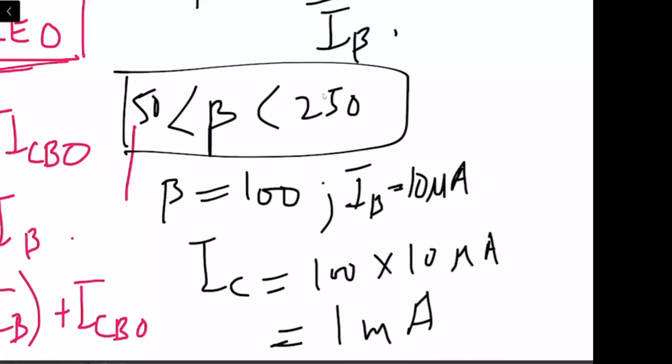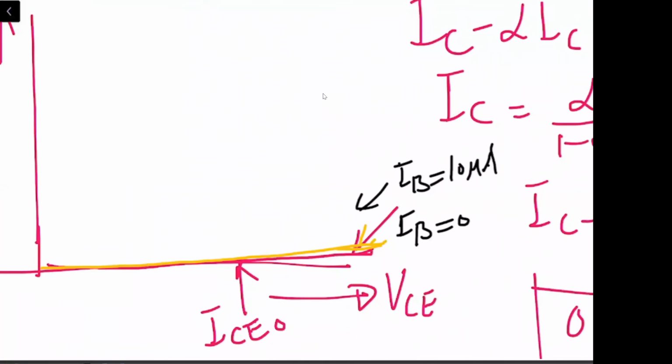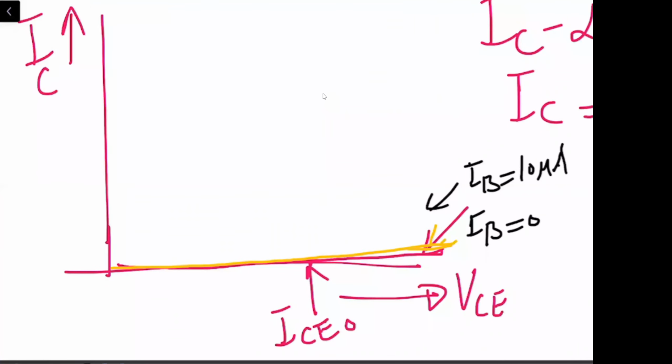Yes, sir. Right? So this means when IB is something like 10 microamperes, the range of IC will be somewhere around 1 milliampere, right? So if we go back to the output characteristic curve, we see that if IB is in the range of 10 microamperes, we can have IC as 1 milliampere, right?